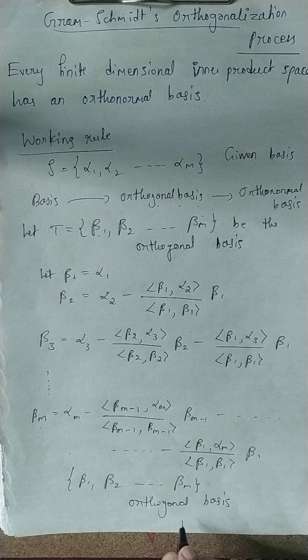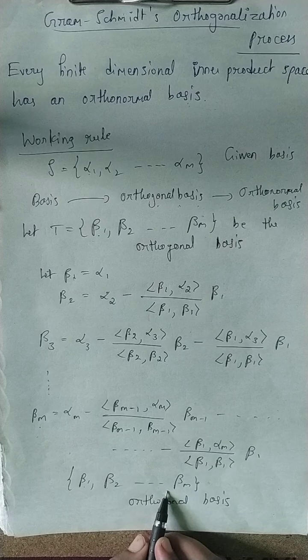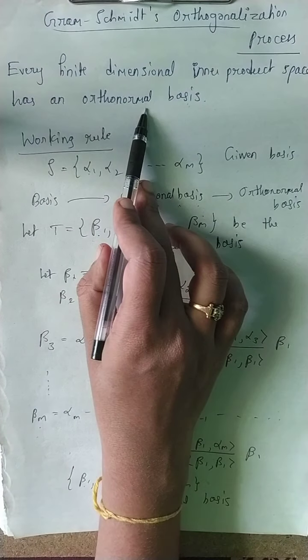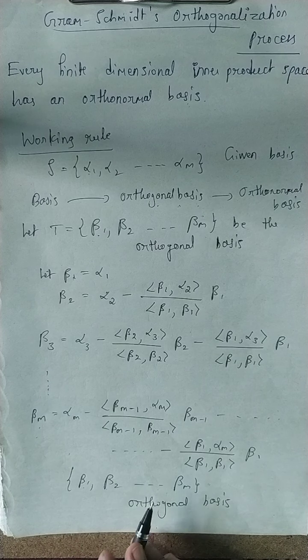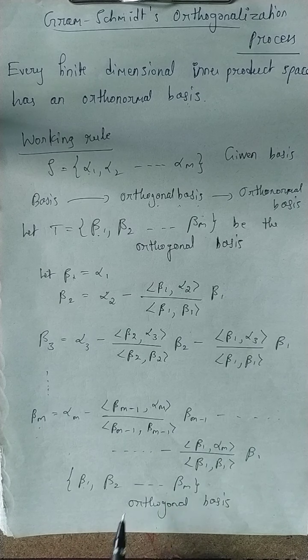Now we have to find the orthonormal basis. Orthogonal basis means all these vectors are perpendicular to each other. We have another condition for an orthonormal basis, that each vector in that basis must be a unit vector. That is, we have to convert these vectors into unit vectors.